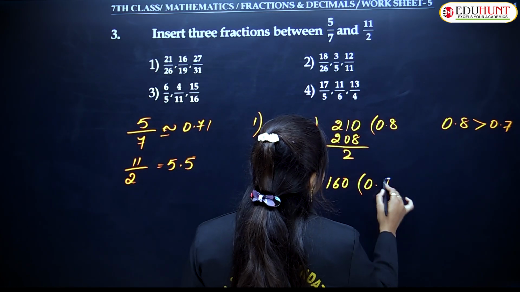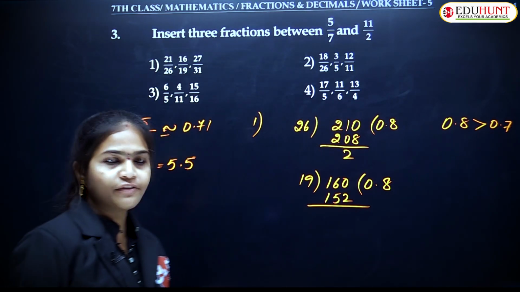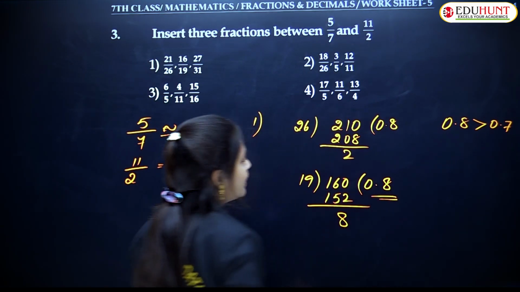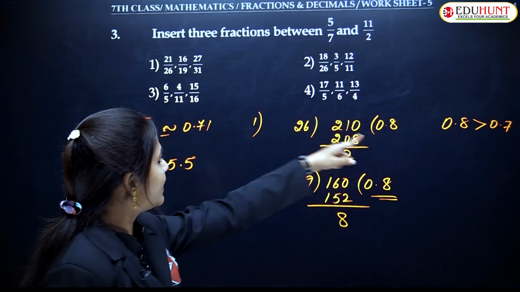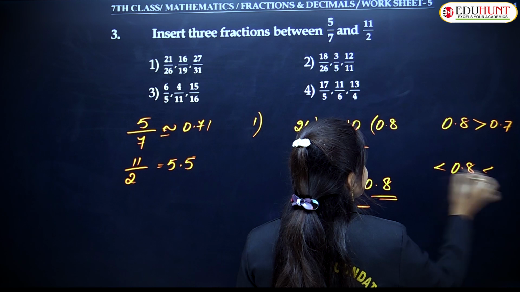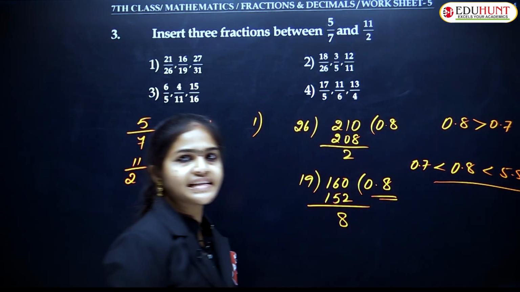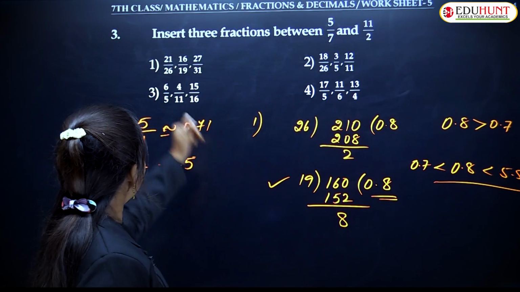So that's why 19 8s are 152. 19 8s are 152. So the remainder is 8. Whatever it may be, here again we are getting 0.8 only, no? So 0.8, already we know that 0.8 lies in between 0.7 and 5.5. So that number exists. That's why this number is also satisfying.